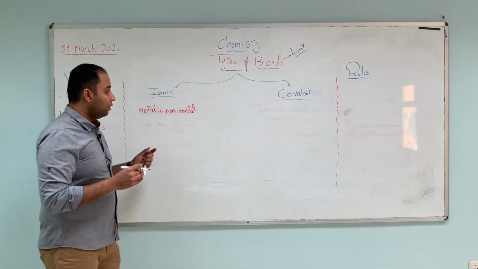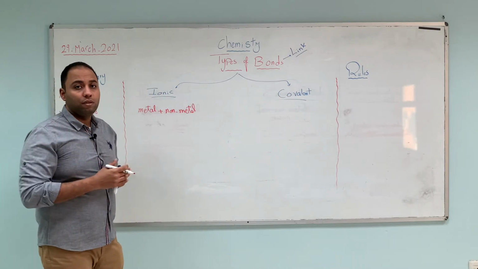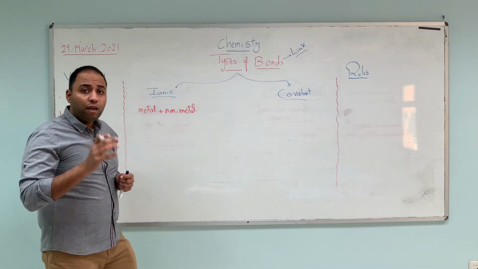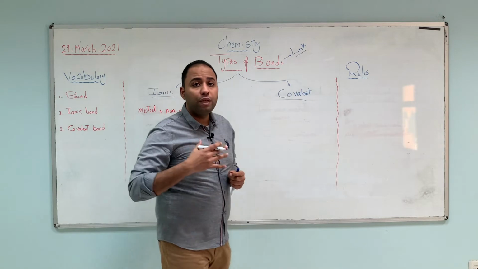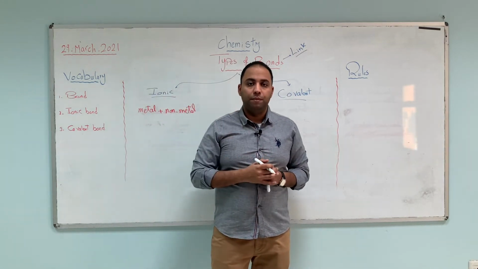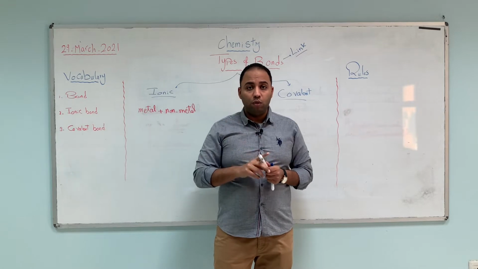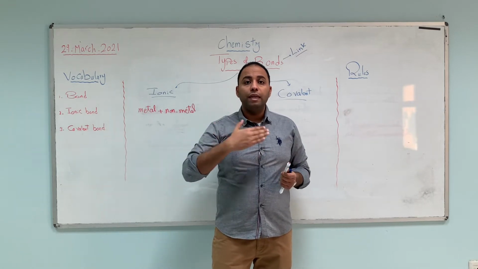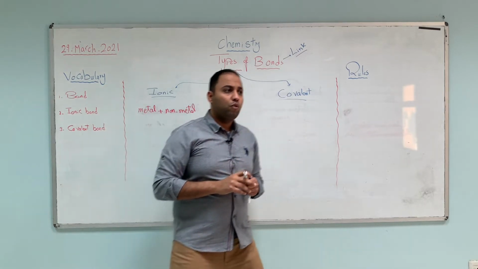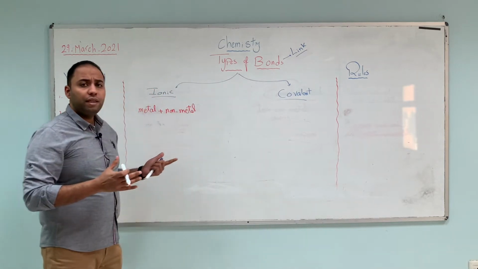Firstly, here we will talk about the word ion. What does ion mean? Ion: atoms that lose or gain electrons. So which one can lose, and which one can gain?